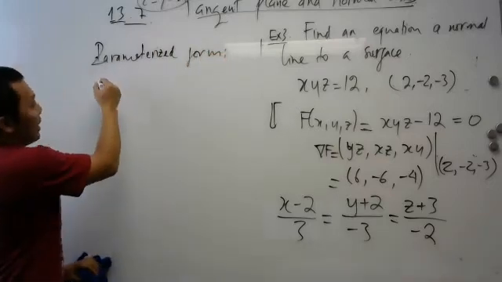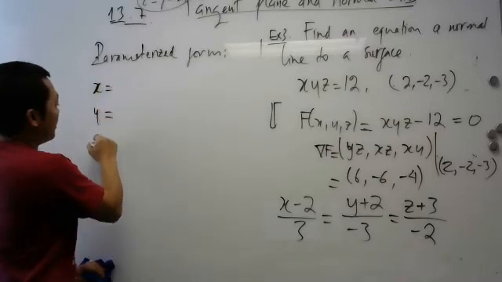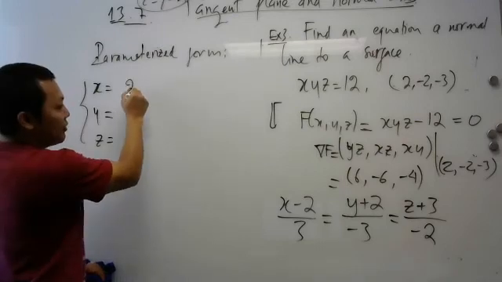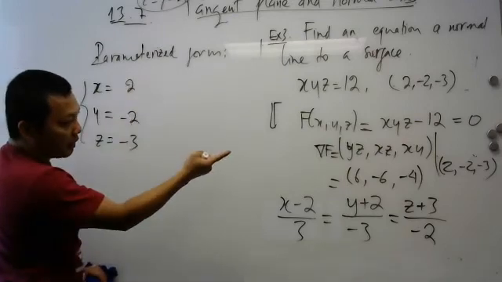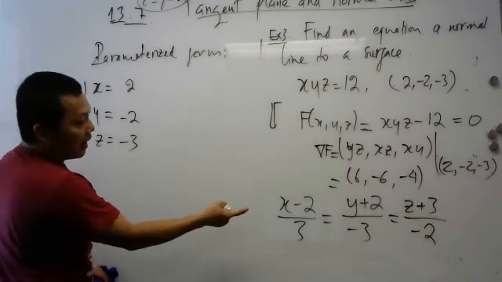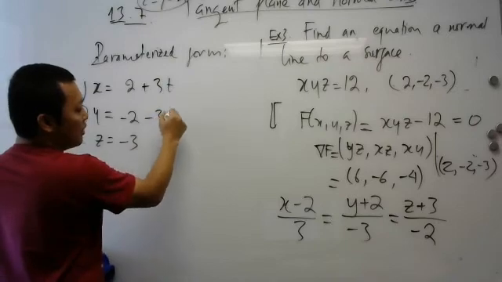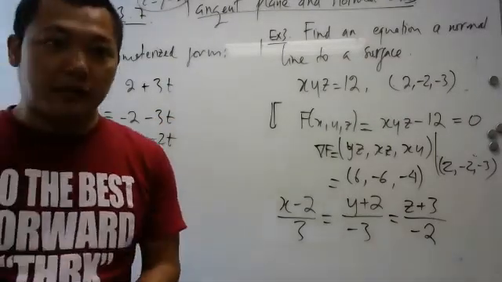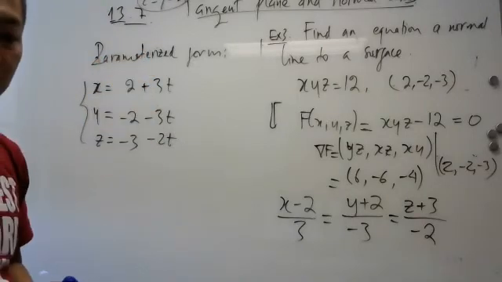We might write x equal to, y equal to, z equal to. I just copy the coordinates of the point (2, -2, -3) here, right? And then I just add this with the t. So I get plus 3t, minus 3t, and then minus 2t. So that is the parameterized form of the normal line to the surface.